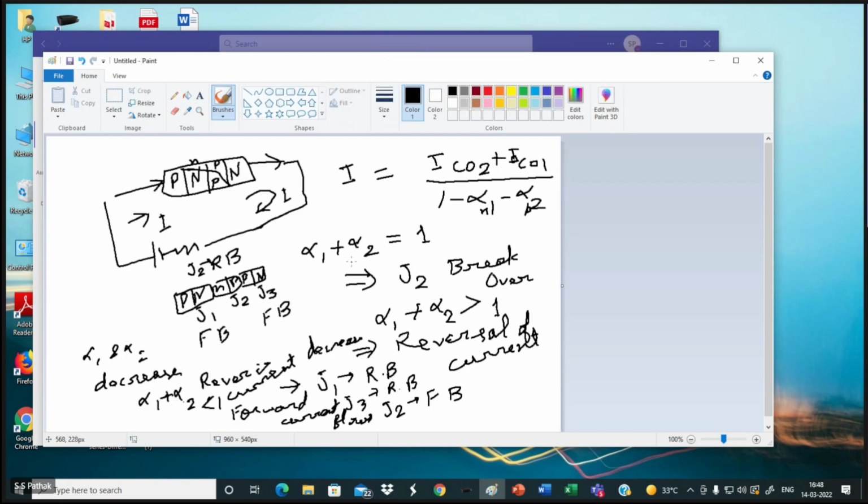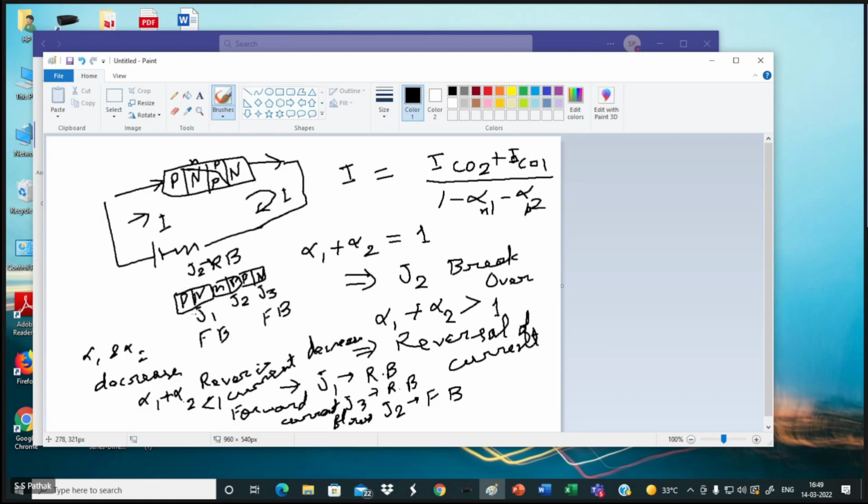Negative resistance comes here. Alpha 1 plus alpha 2 becomes 1. Very high current flows. This has gone into the breakdown region. So the voltage drop across this is now reduced. In the breakdown region, current will be increasing because the resistance becomes very small.